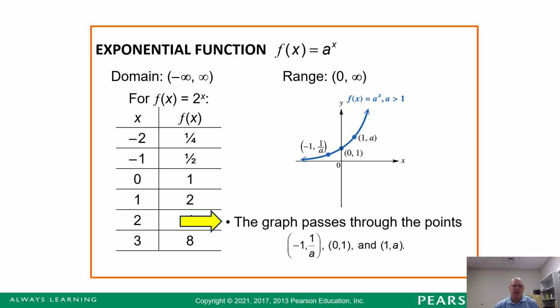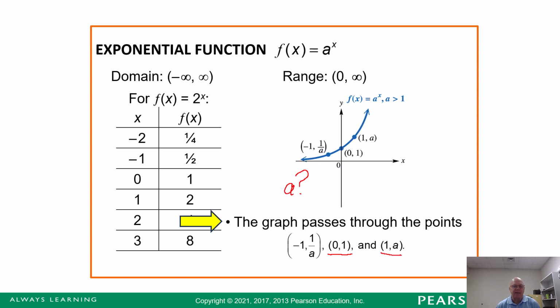Next, it passes through these 3 points. Now this is rather amazing in a way, because even if we don't know what a is, as long as it's positive, then the graph is going to go through these points. The first one you want to remember is it goes through (0, 1). Second, it goes through (1, a).